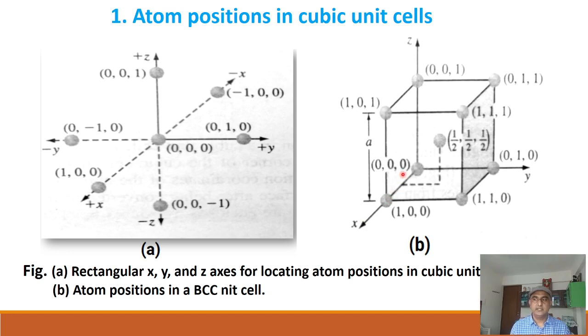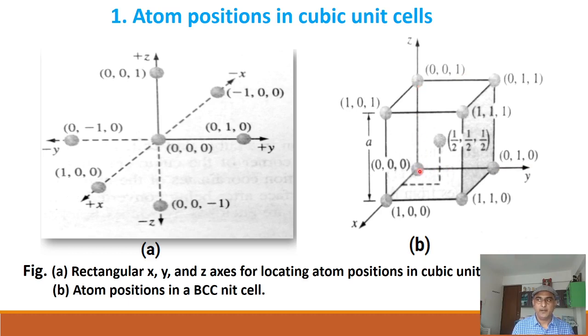Along this x-axis, the length is 1, so this point with coordinates becomes 1, 0, 0. Along the y-axis, this point is 0, 1, 0. And similarly, on the z-axis, the point is 0, 0, 1.